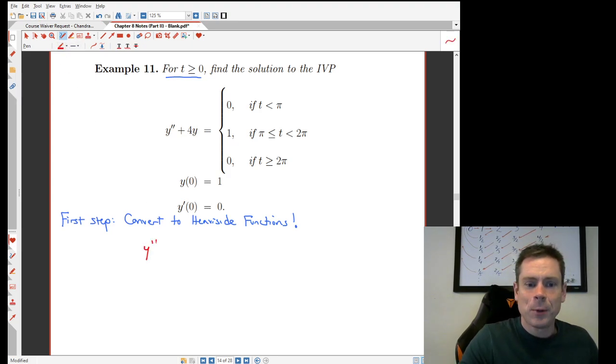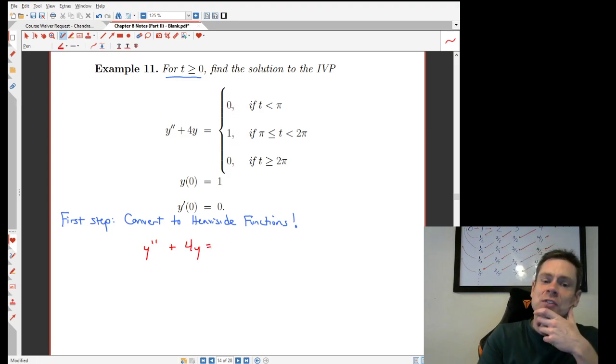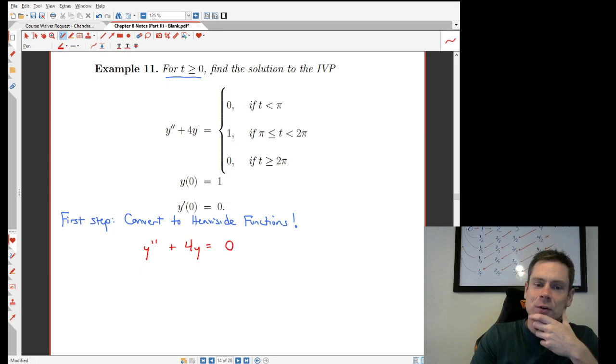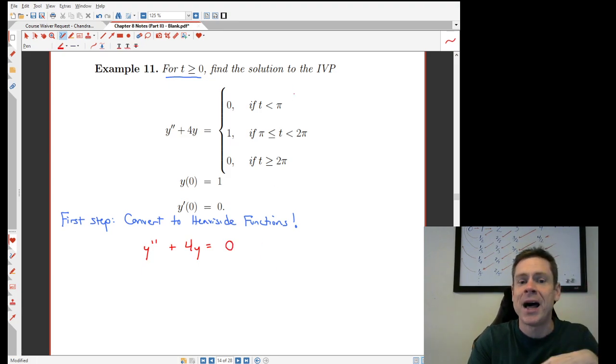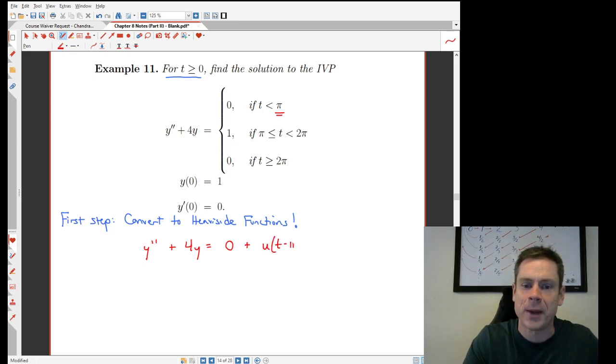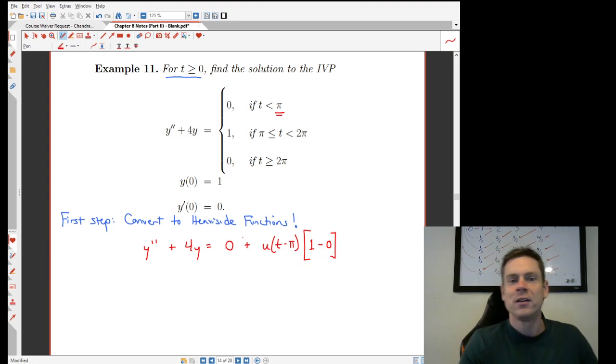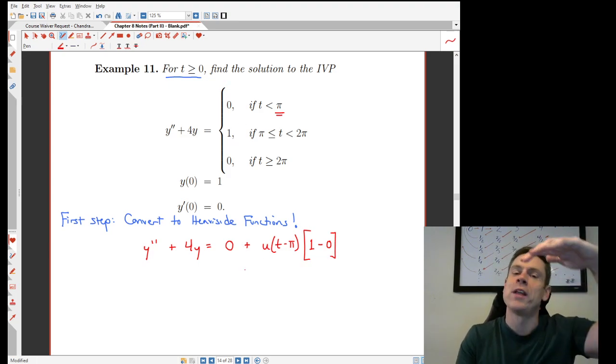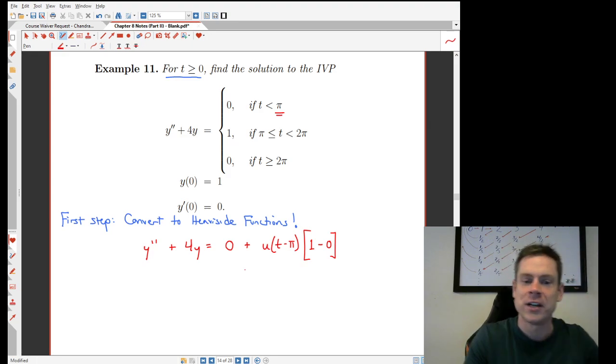We have y double prime plus 4y equals, and it looks like we have 0 to start with, so I'll write 0 to start with, but then at t equals pi, I change and turn something on. So I'm going u of t minus pi, and what turns on? Oh, a 1. What turns off? Well, the 0 that was there, right? You're really just adding 1 at that point, so you can just add that function into play.